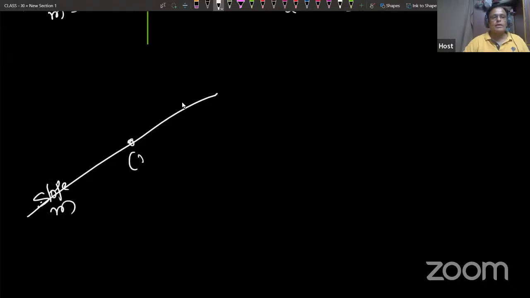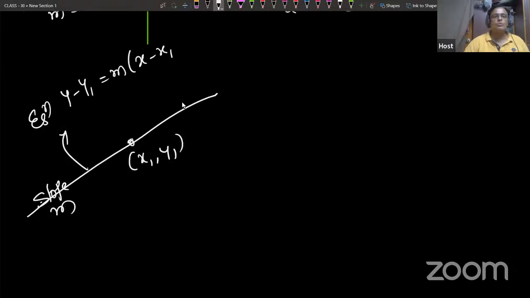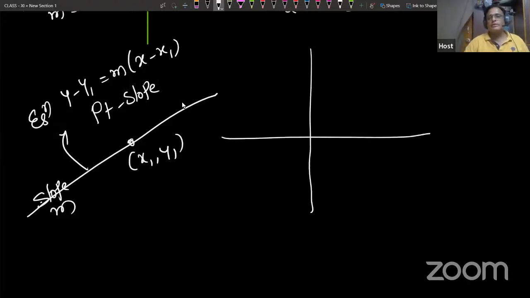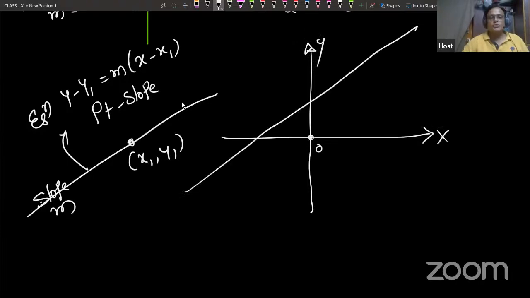Whenever he has given a slope and a point x1 comma y1, to find the equation, the formula is y minus y1 is equal to m into x minus x1, known as the point-slope form. Next, just now we have studied a line having slope m and y-intercept c.